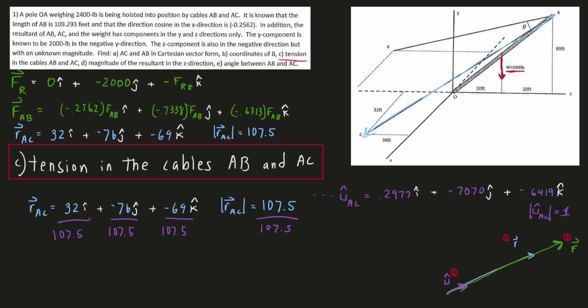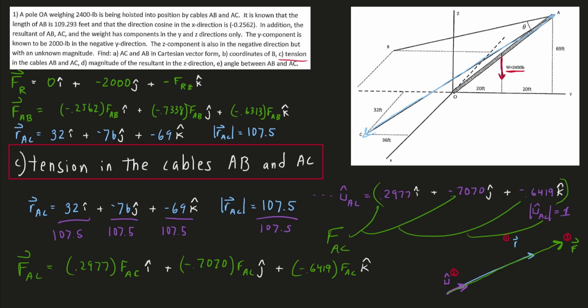And of course now we want to multiply this entire unit vector by the strength, the magnitude of the force going in the AC direction. We don't know exactly what that is, so we'll just treat it as unknown. But this number is going to get foiled, in a sense, into each one of these quantities. And we'll get our force vector for the cable AC. And we'll put that right here.